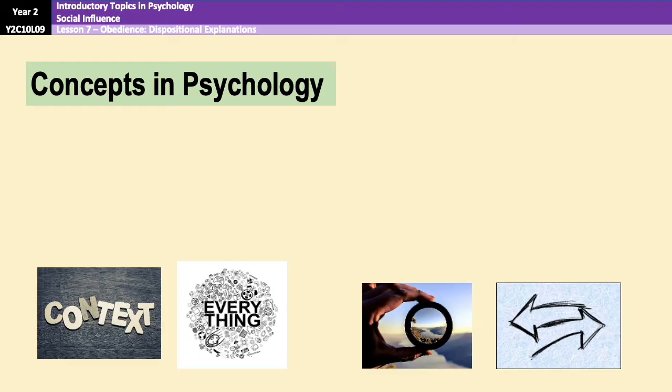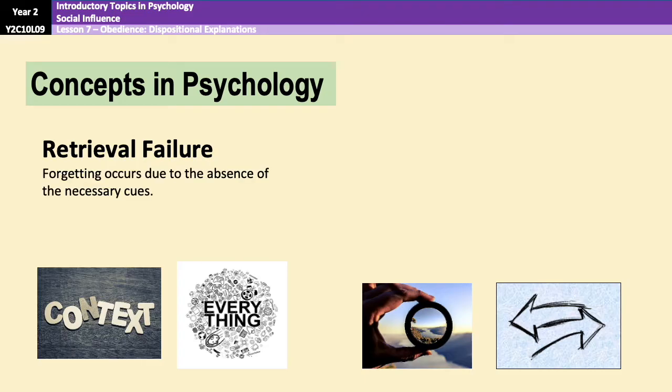So context reinstatement and report everything are based on retrieval failure. You should all know what retrieval failure is. You will have gone over it already in the memory topic, but if you can't remember exactly, then I would recommend that you go back and have a look at that so that you are confident with everything that I'm about to say. Both of these techniques are designed to encourage you to think about every single aspect of the event, no matter how small, in case anything that you remember acts as a cue for something more vital.